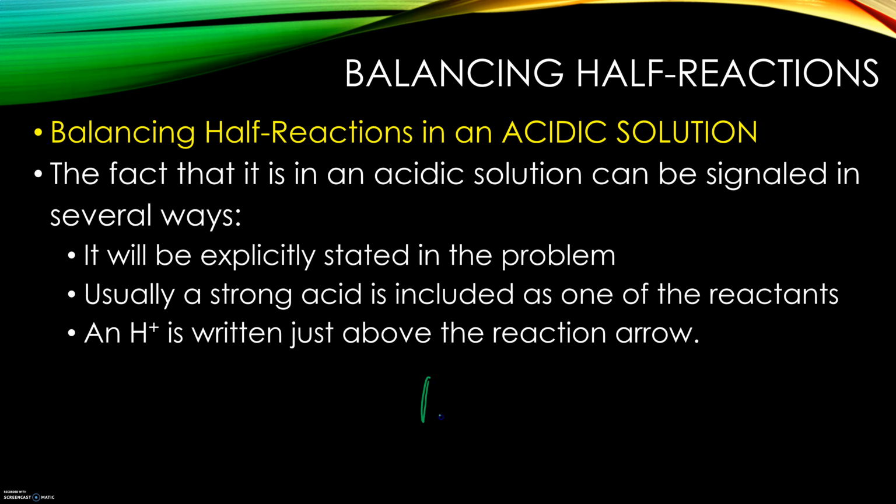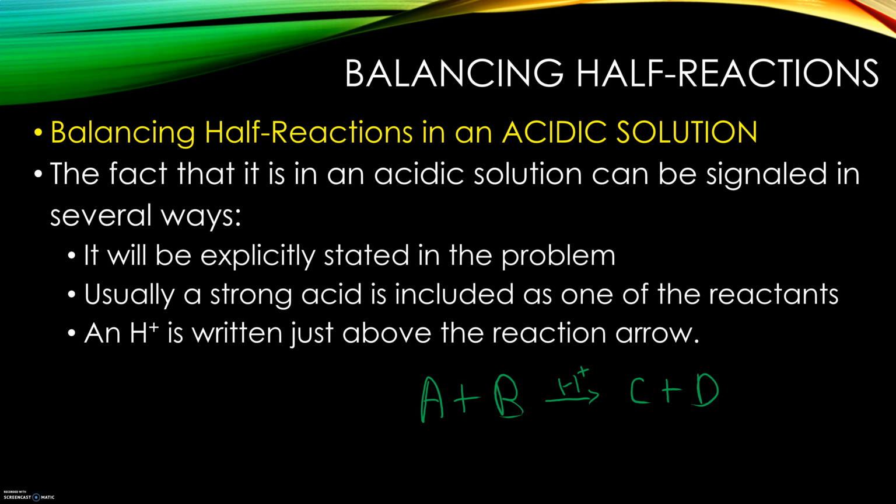So if I were to give you a brief example, if you were to have a reaction A plus B going into a product C plus D, on top of that yield arrow, you will notice that there is an H+. Remember, in acids and bases, H+ hydrogen ions were associated with acids.